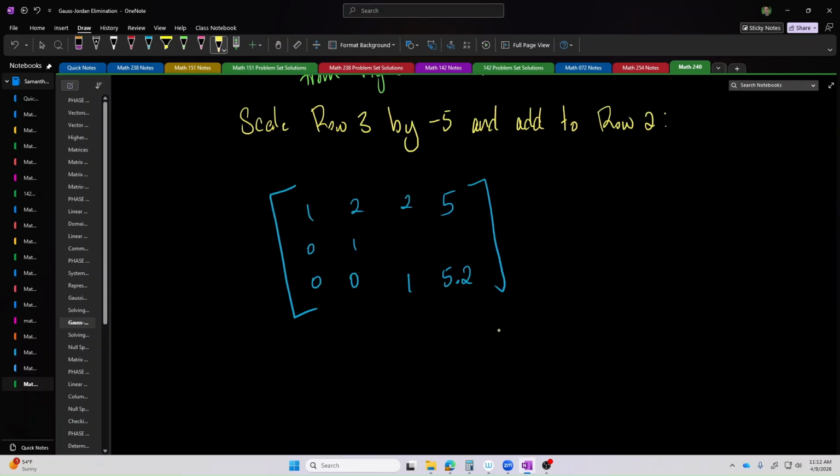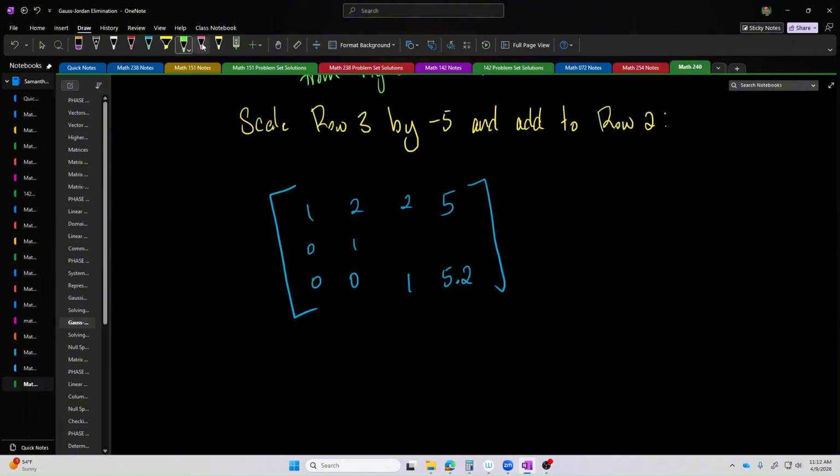Now, notice that when we perform this action, these two values in column 1 and column 2 of the matrix will not be affected, because when I scale row 3 by negative 5, these two zeros in the bottom left corner of the matrix are still going to be 0. And when we add them up into row number 2, that added 0 is not going to have any effect.